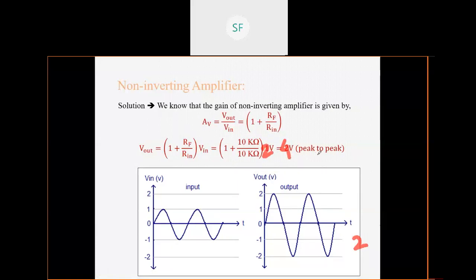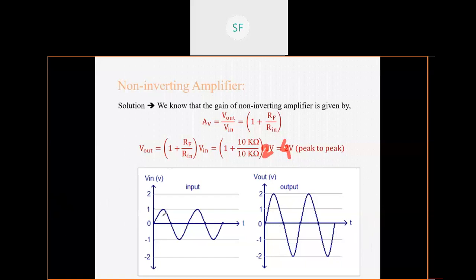For 4 volt peak to peak, you should imagine that the positive peak will appear at 2 volt and the negative peak will appear at minus 2, so peak to peak it becomes 4 volt. You can observe the input output waveforms here.